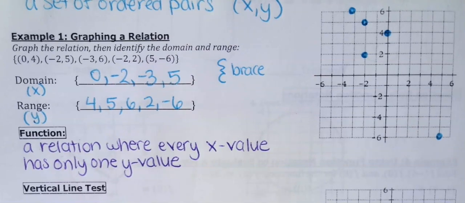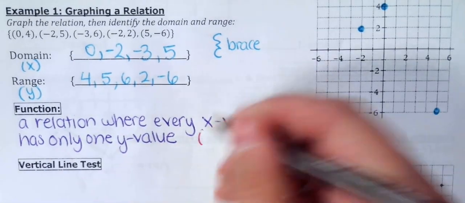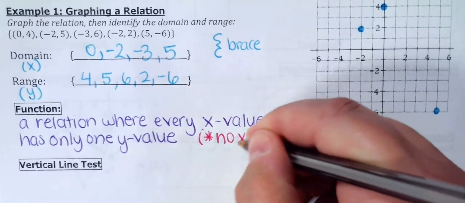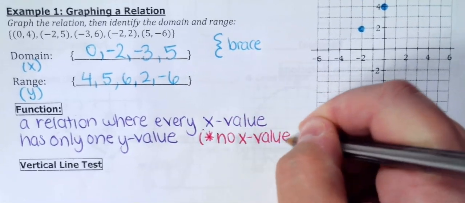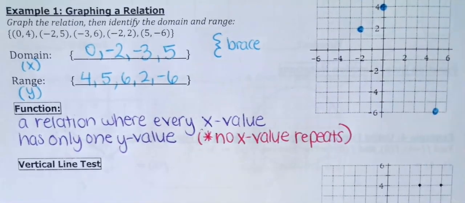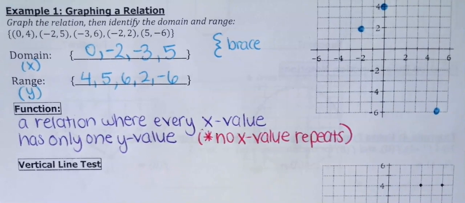Okay, now what I would really remember about this, and I'm just going to put it like a little side note here, no x value repeats if you have a function. If an x value has more than one y value, then it's not going to be a function.